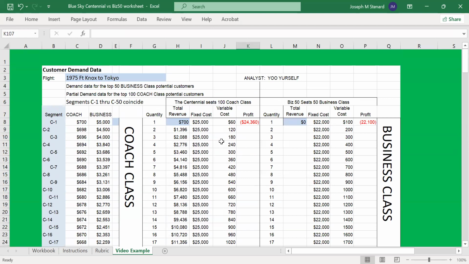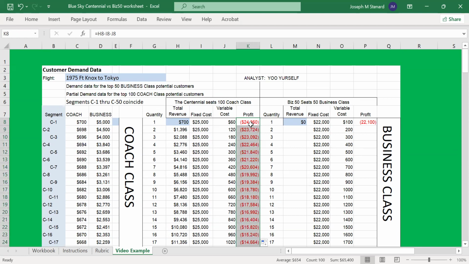So because we're popping it in this way, this profit looks like it was calculated correctly. 25,060 minus 700 would be 24,360. Yes. So that's been done.